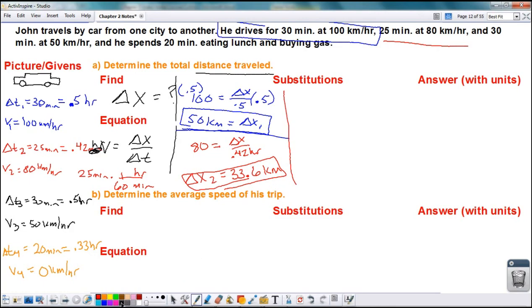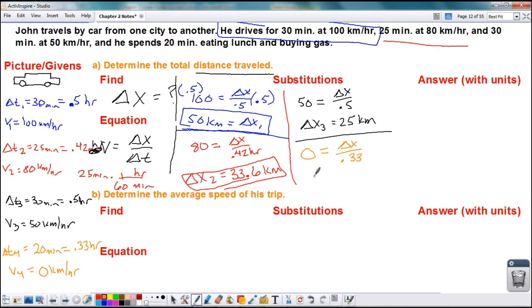Okay, part 3. John was traveling at 50 kilometers per hour for half of an hour. Multiply both sides by 0.5, and we will get that he went 25 kilometers during part 3. Part 4 is intuitive, but we'll write our work out anyways. It was going 0 kilometers per hour for 33 hundredths of an hour.